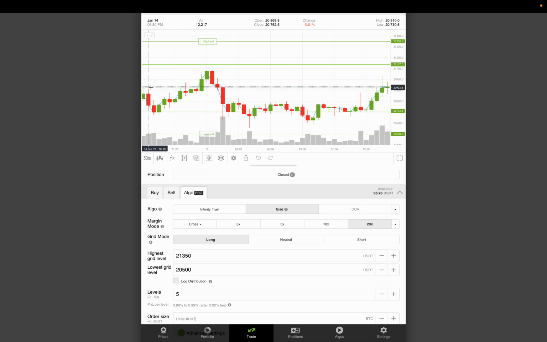What it means is that a long grid initially places buy orders, connected to its name, right? You're expressing your bullish view on the market, so you place buy orders on all the grid levels. Of course, those being limit orders, the buy orders above the market price would immediately match against the order book and fill, right?